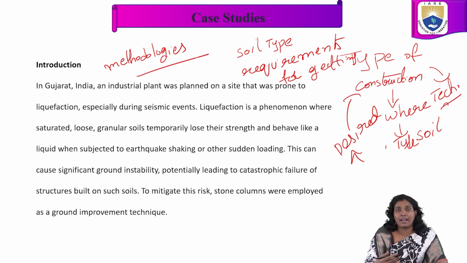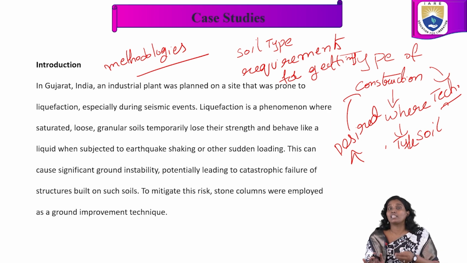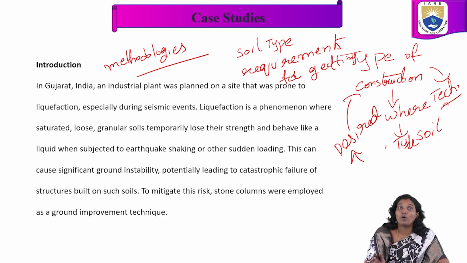These are the parameters we have understood till now. For each case study, we understand the challenges we are facing and what kind of solutions we are getting. This is the step-by-step procedure we follow for this case study also.